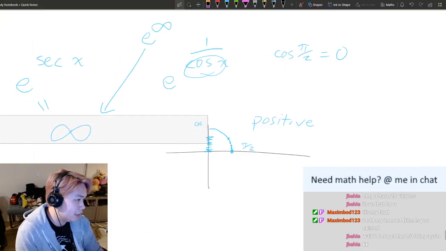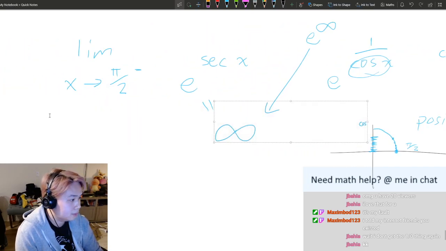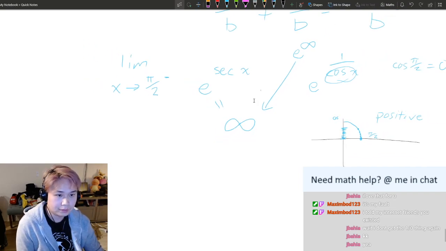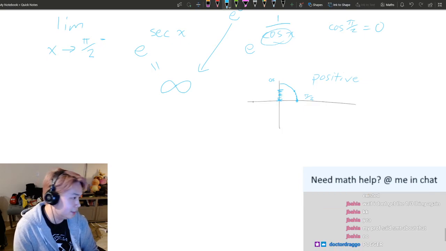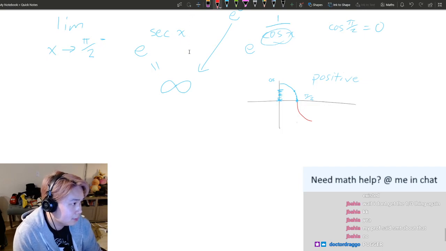Do you also have to evaluate the right side? Yeah, okay. So it's very similar. Is it in your homework? It's not in your homework, but you have to do it?